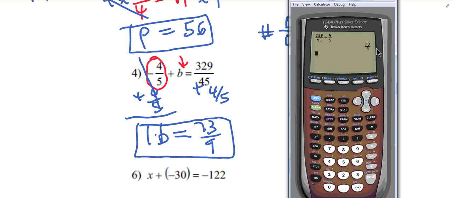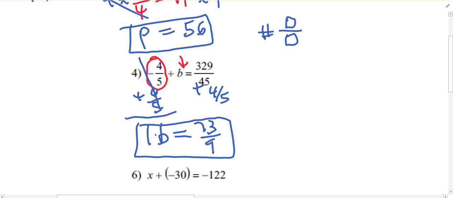You still have 73/9 on the calculator, so hit alpha y equals again, and this time we want to convert it from number 3, numerator denominator, to U in d. U in d stands for the units, or the whole numbers, and the numerator denominator means it's going to put it in mixed number form. So 73 over 9 is the same thing as 8 1/9. Either way, these answers are both the same.